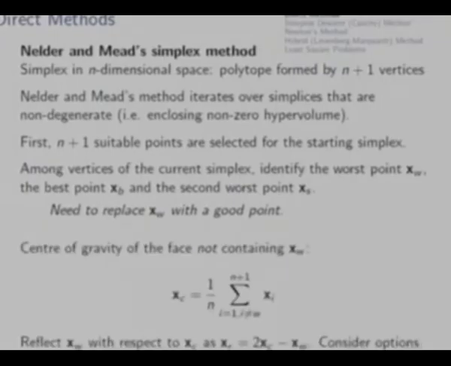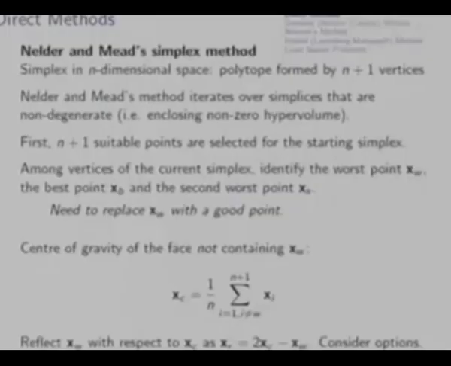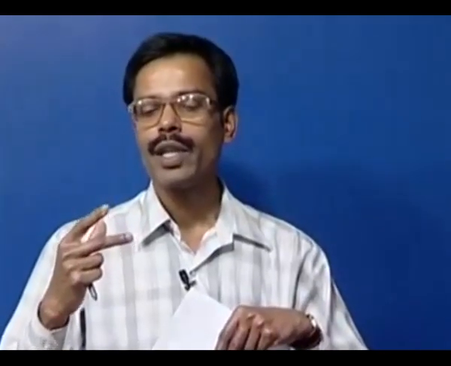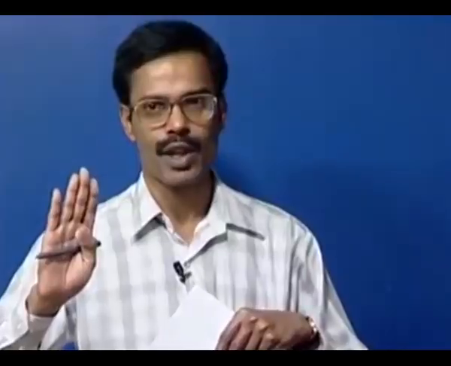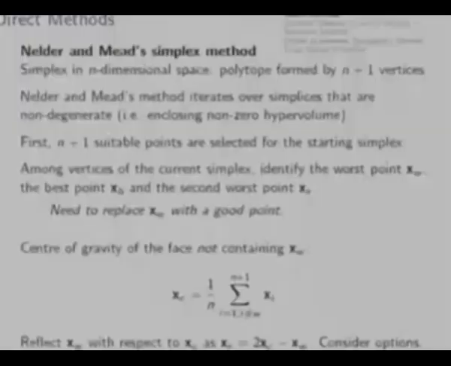So, we try to find out the center of gravity of the face not containing xw. In this simplex of n plus 1 vertices, every collection of n vertices defines a face. Now, that face which contains all the vertices except the worst point, the center of gravity of that face is found by simply adding the position vectors of its vertices and dividing by n.